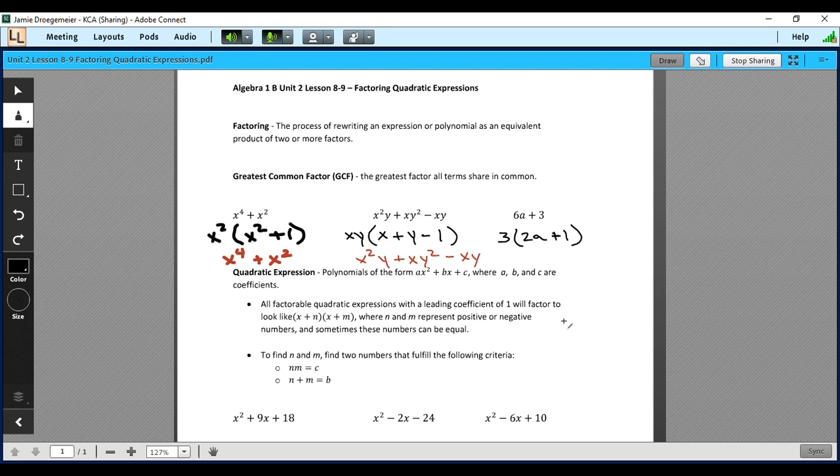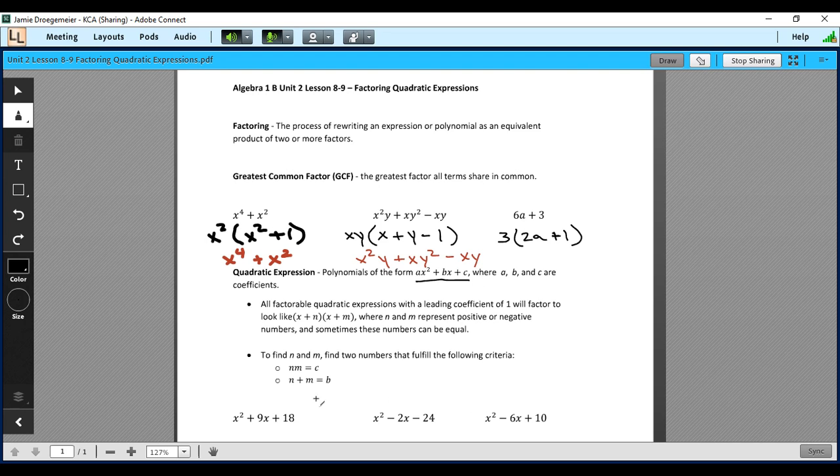All right, in particular, we want to talk about quadratic expressions and how we factor those. A quadratic expression is a polynomial that has this form, ax squared plus bx plus c. And a, b, and c in this expression are your coefficients.